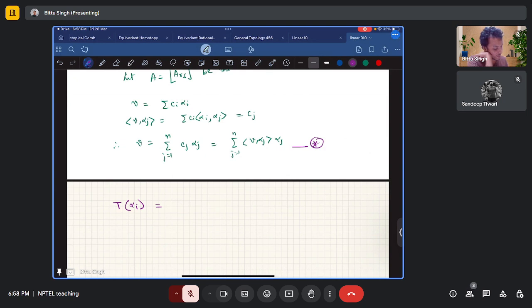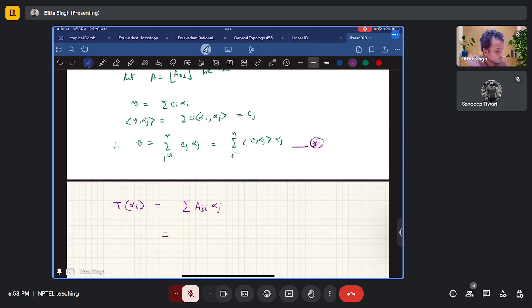So T alpha i we can write as some combination of AJI alpha j. That AJI coefficient will give us the correct matrix representation, right? Now what is this AJI?